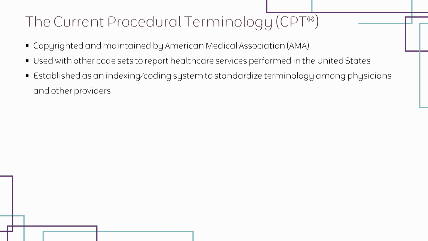The Current Procedural Terminology, or CPT codebook, is a comprehensive collection of guidelines, codes, and descriptions used to report healthcare services that are provided by providers in the United States.